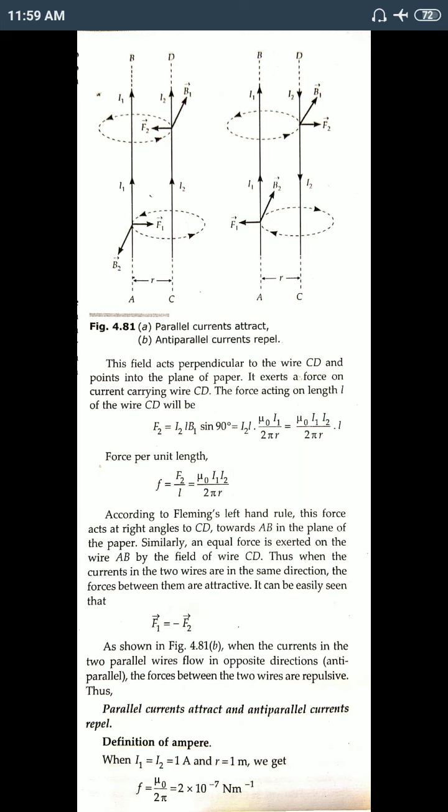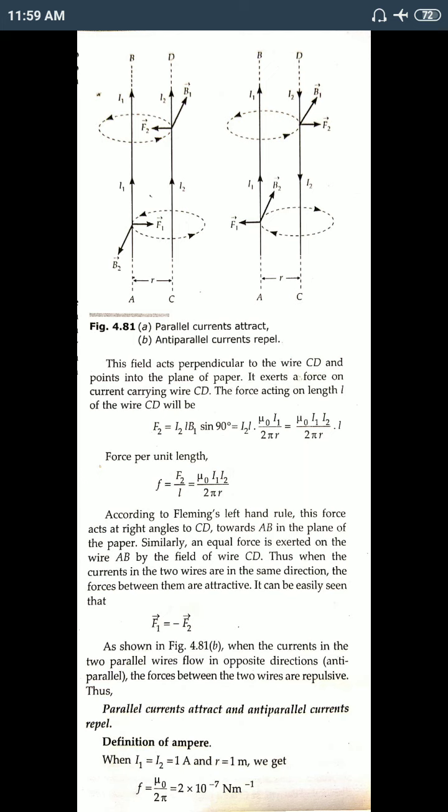So we can write F1 equals minus of F2, and that means the force will be attractive. So you do this at home, try to find out F1.